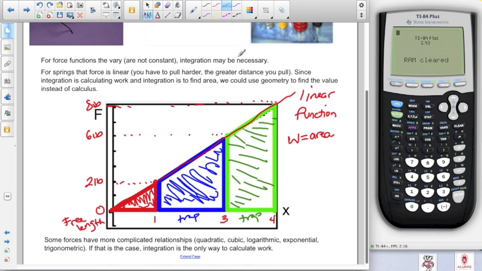And then, of course, the other scenario is that we could get into more complicated functions where we would definitely need calculus. When we graph these, there would be no way we could use geometry to find the area. So calculus would definitely be necessary for these functions.